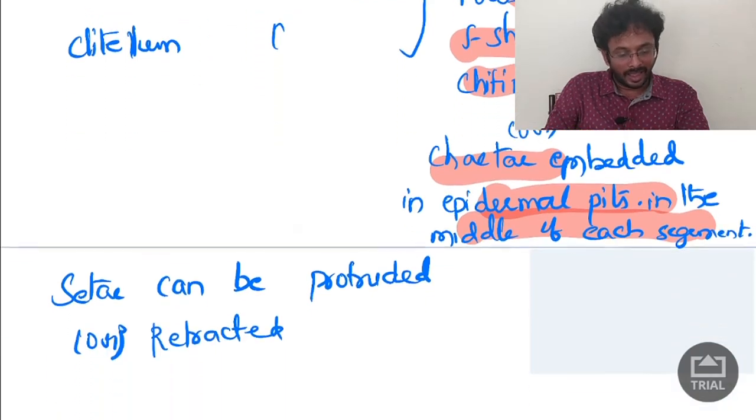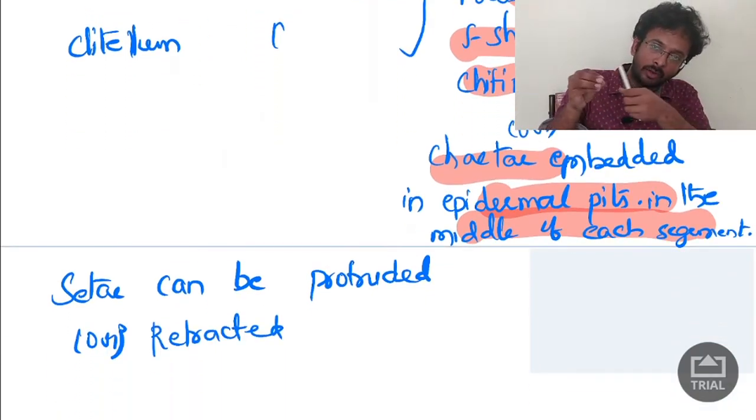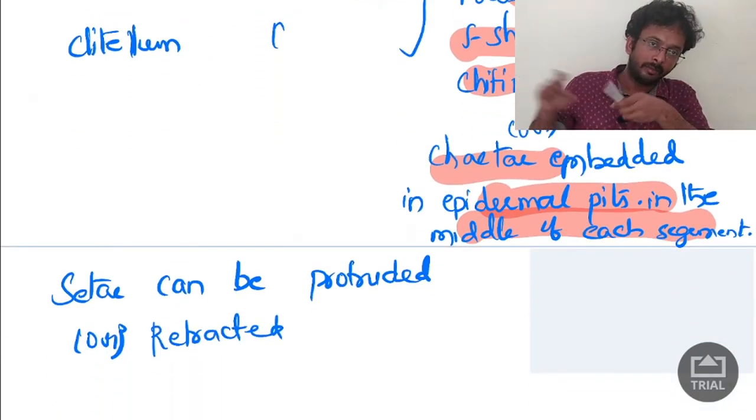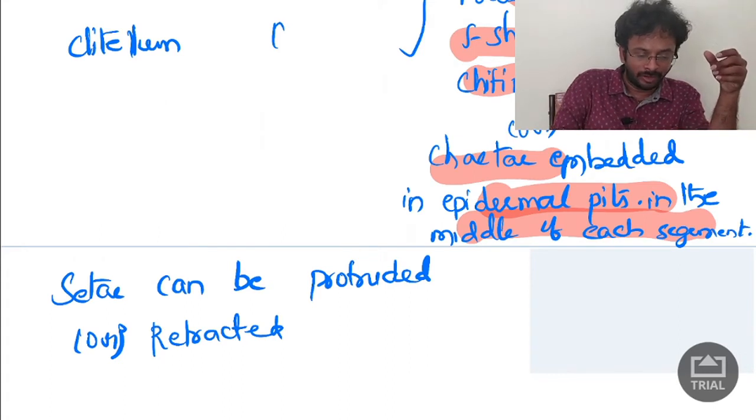These setae help in protrusion, either going forward or backward. In simple words, they are helpful for locomotion.